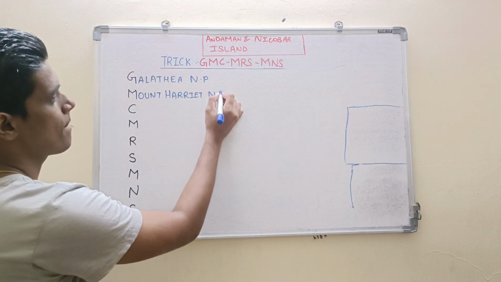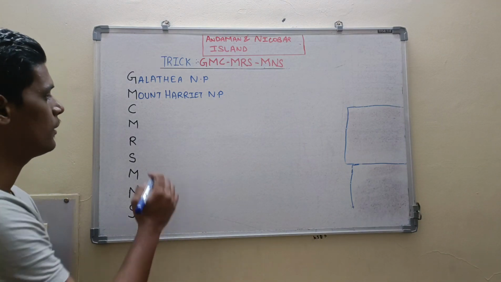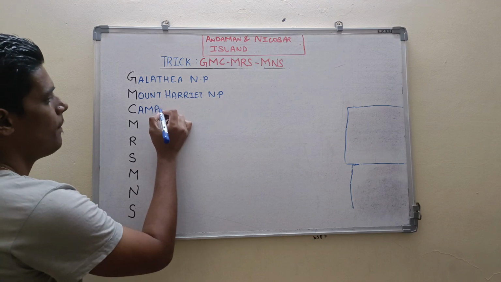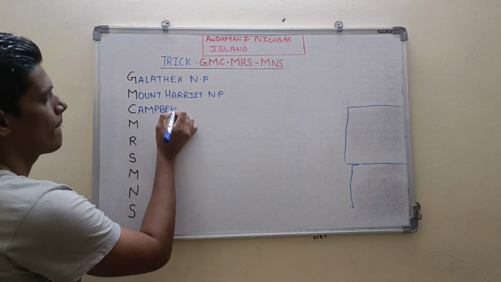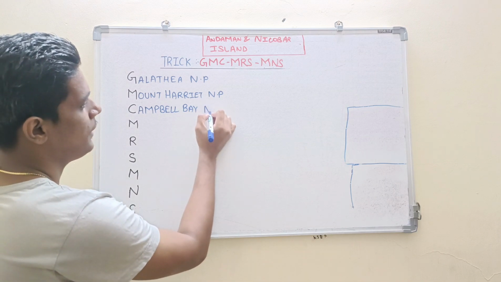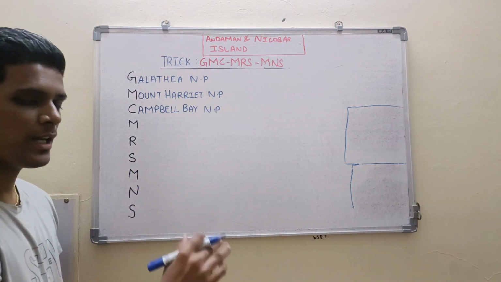Then what does C stand for? Campbell Bay National Park. Okay. So now the first three letters are GMC.